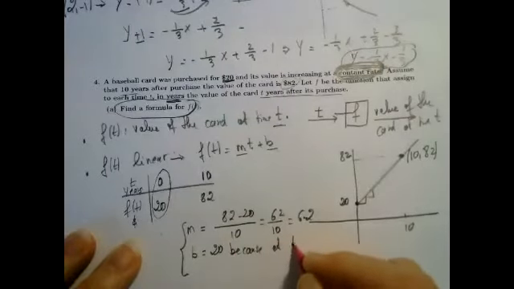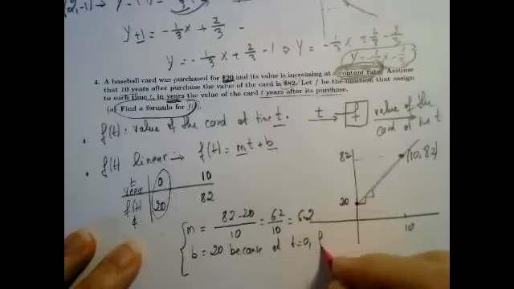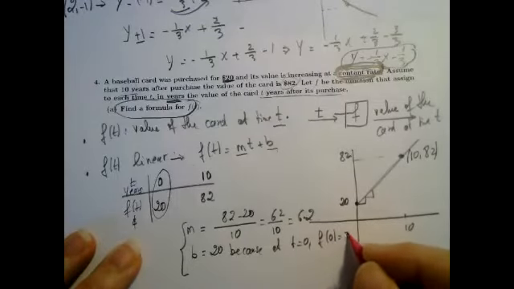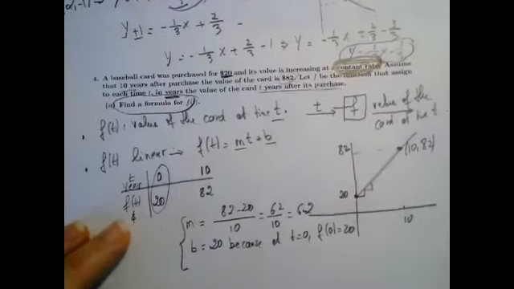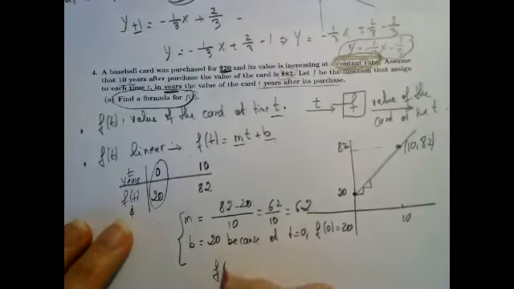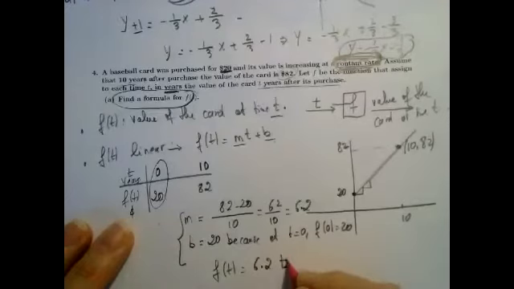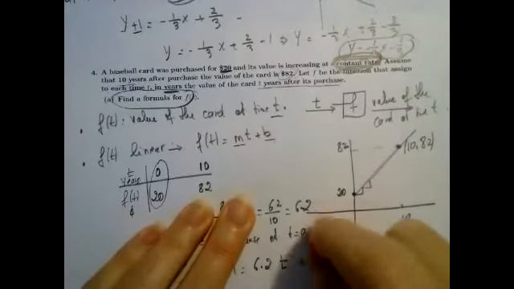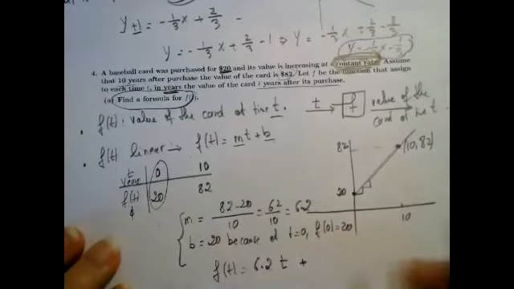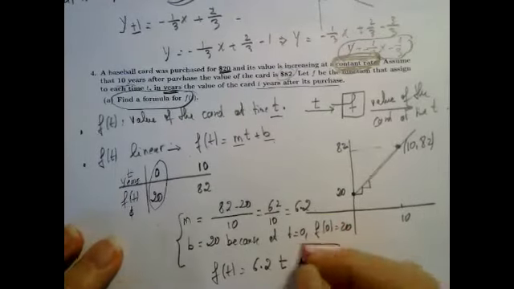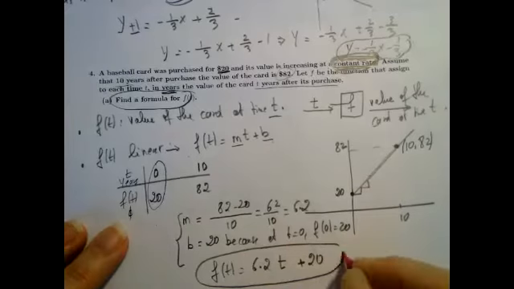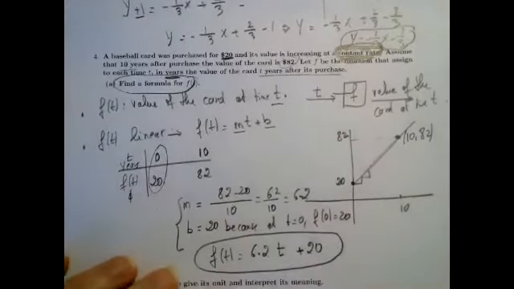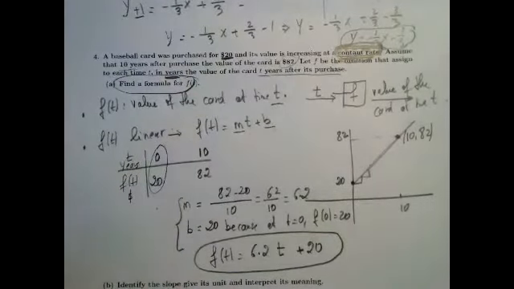That's the intercept. So my formula is going to be 6.2 t plus 20. A lot of you got that wrong. Please go over it and try to understand. You messed up a lot of things in this particular problem.